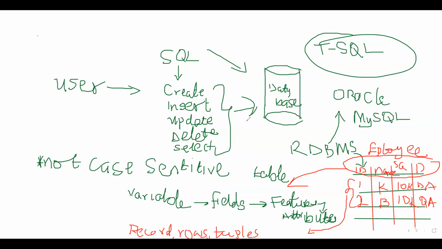Do we have any question here at this point? Yes, please, go ahead. You said that rows are called records or tuples. Then are you not saying the column is called variable, fields, features, and attributes? Yes.